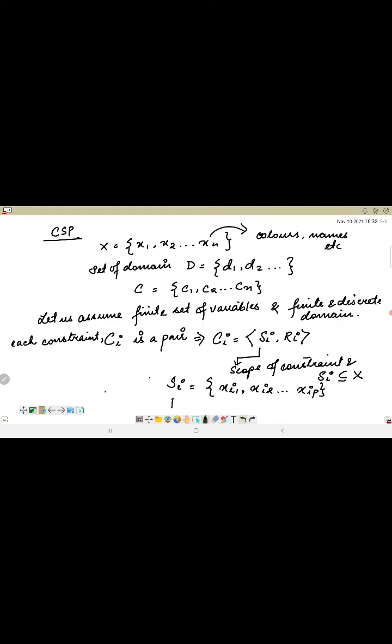And Ri is a subset of the cross product of the different domains, Di1 and so on.